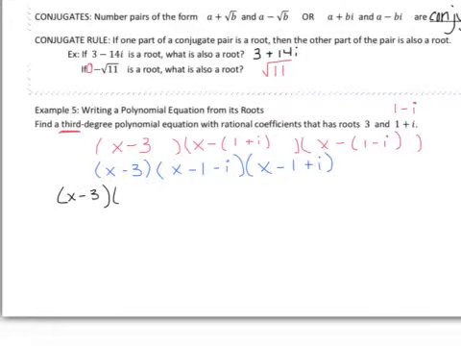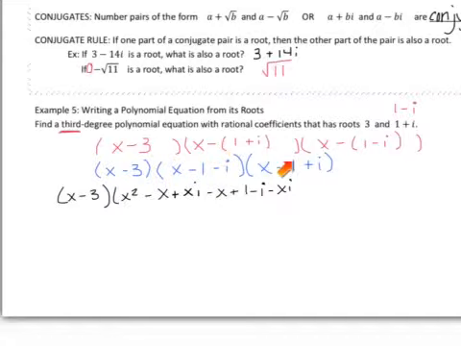Now we need to distribute. x times x, x squared. x times -1, negative x. x times i, plus xi. -1 times x is minus x. -1 times -1 is plus 1. -1 times i is minus i. Negative i times x is negative xi.